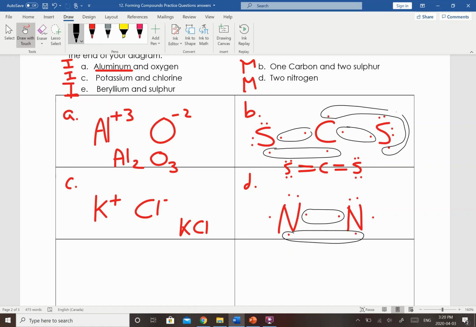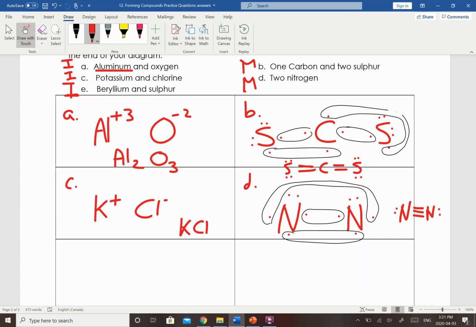Now 1, 2, 3, 4, 5, 6, 7. And finally one more bond. And now each nitrogen sees 8 valence electrons. And the final form looks like this: 3 little lines attaching each nitrogen and the lone pairs left over.